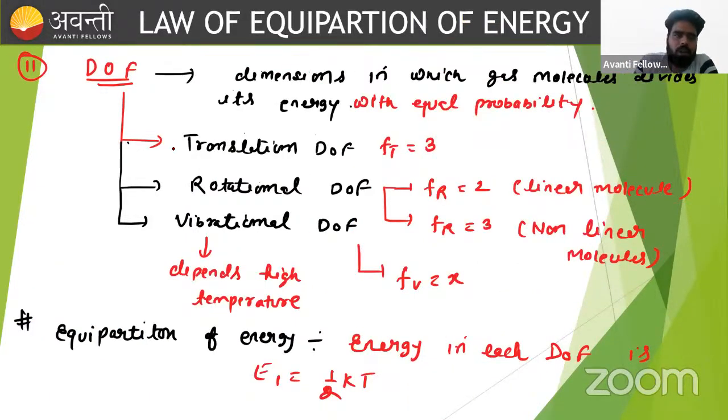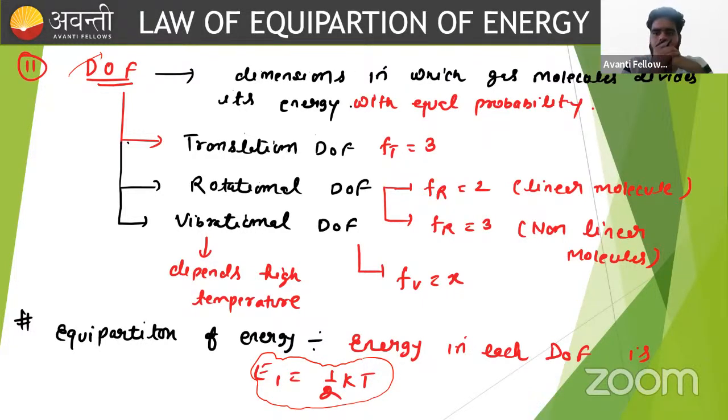The important law we discuss here is the law of equipartition of energy. Each gas molecule possesses energy of half kT corresponding to each degree of freedom. The energy of gaseous molecules is half kT.